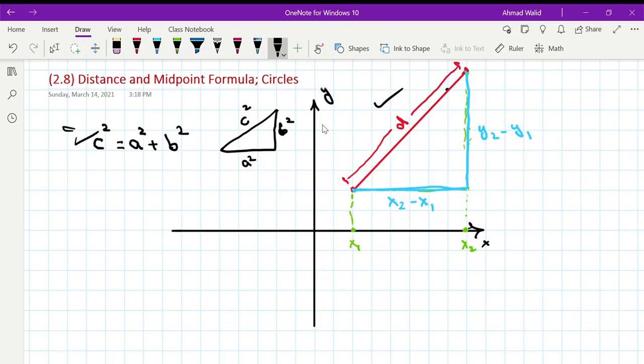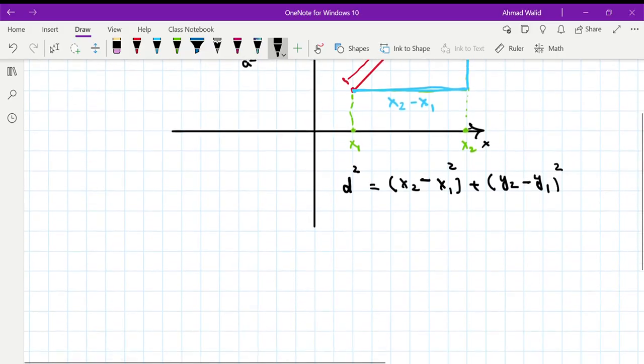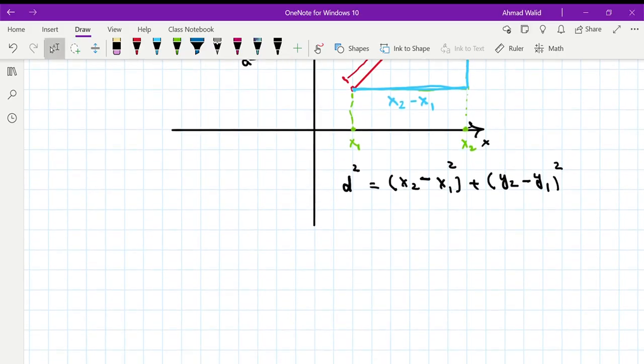Then if I want to find this side D, my D squared actually equals this leg squared, which is (x2 minus x1) squared, plus this leg squared, which is (y2 minus y1) squared, correct? Now, I don't need D squared. My goal is to find D, the distance.